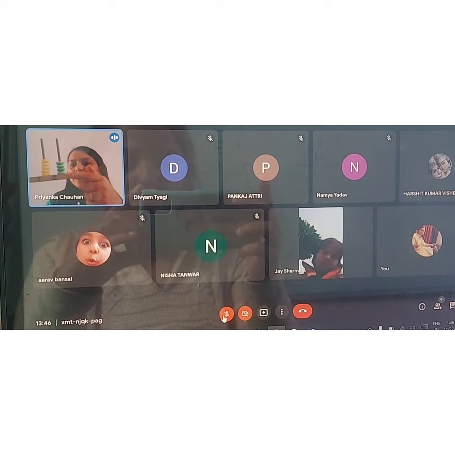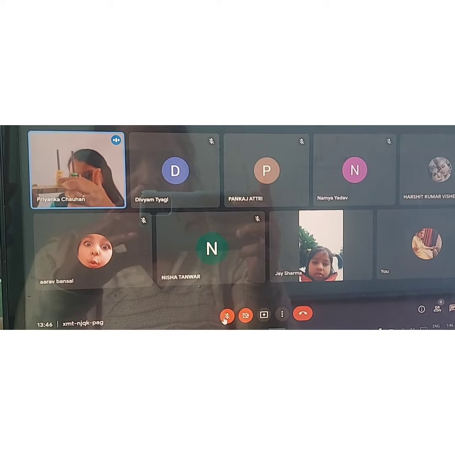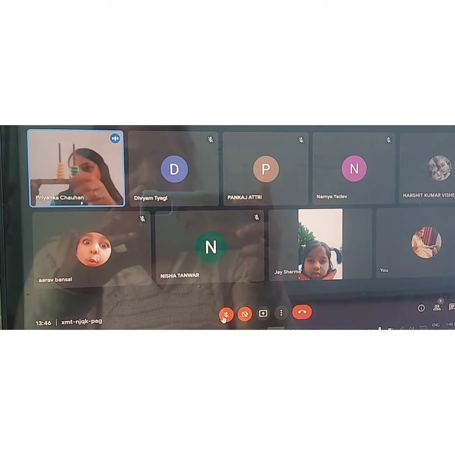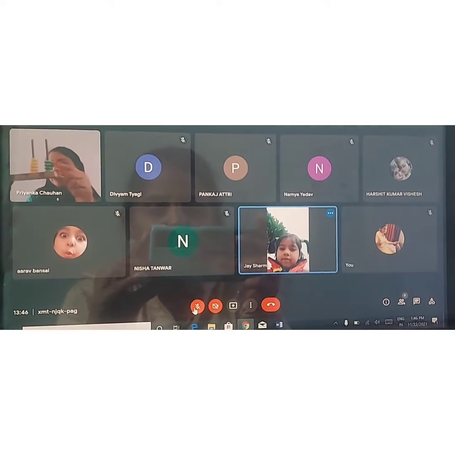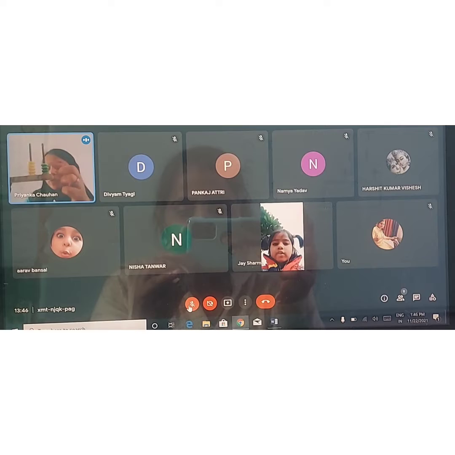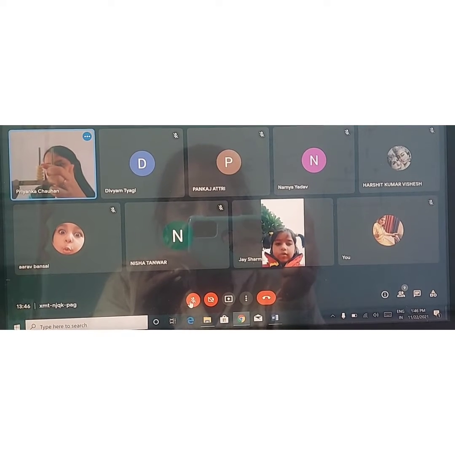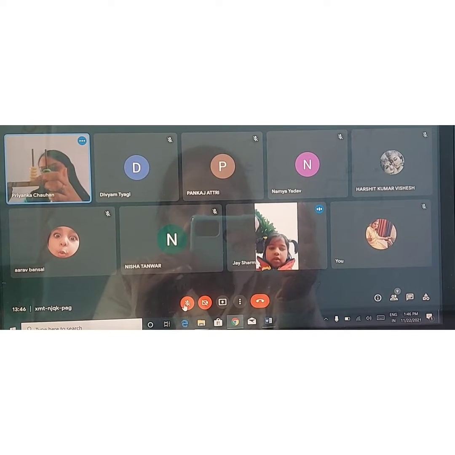No, Upasana. First we will count the beads given on tens place, and then we will count ones. How many here? 4. And how many here? 1, 2, 3, 4, 5.